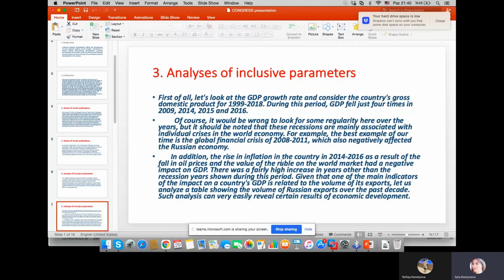Of course, it would be wrong to look for some regularity here over the years, but it should be noted that these declines are mainly associated with individual crises in the world economy. For example, the best example for our time is the global financial crisis in 2008 and 2011.